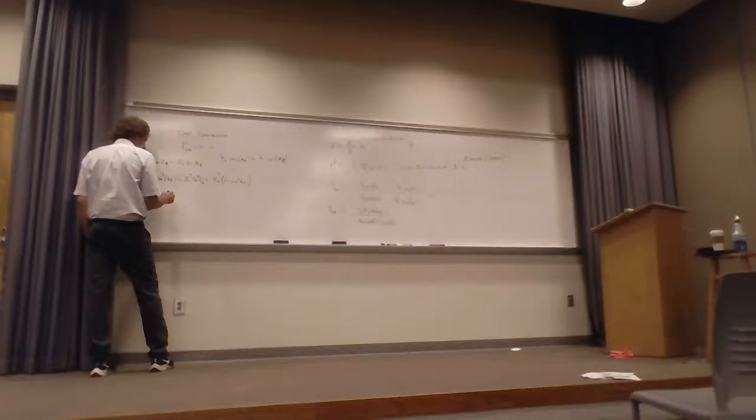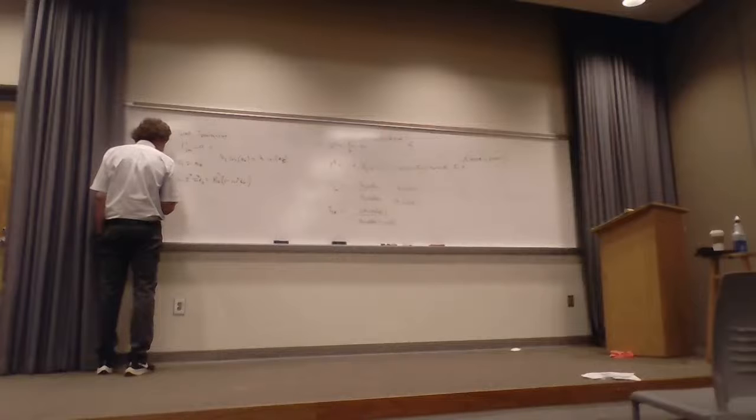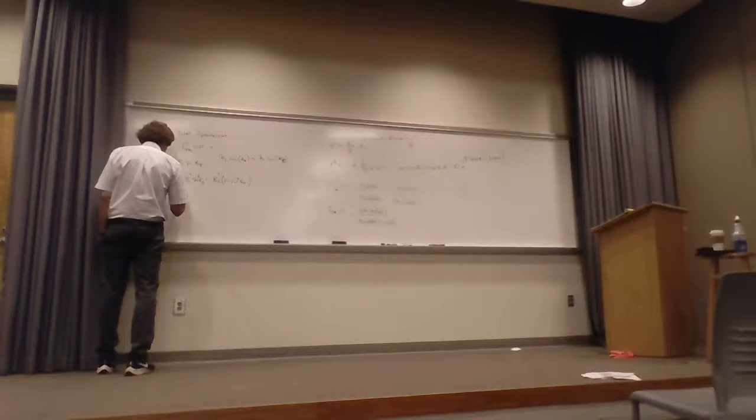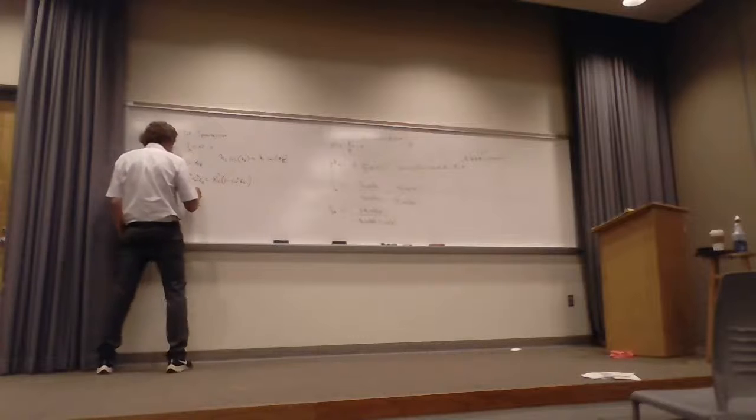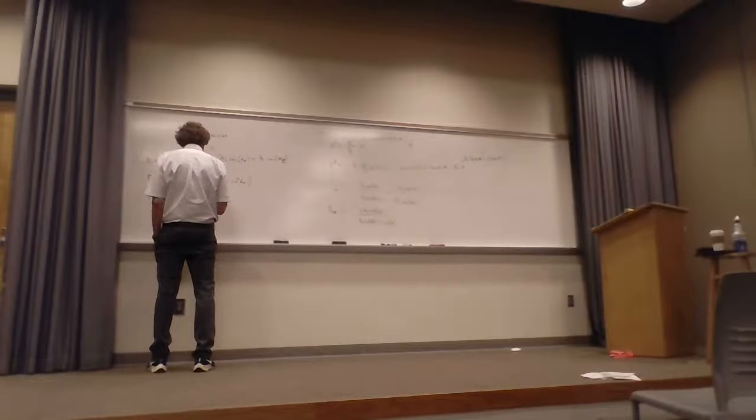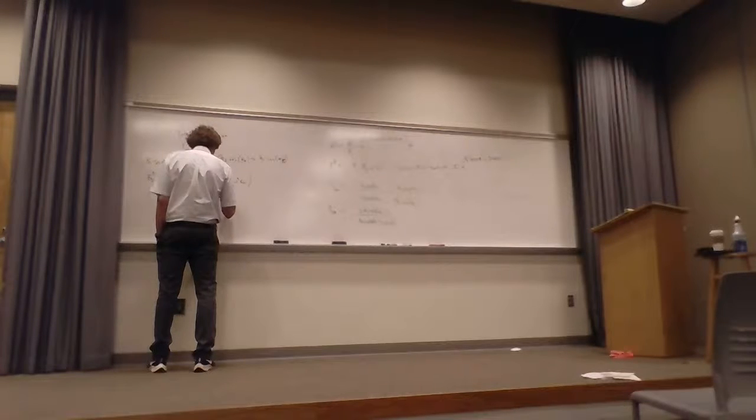So then I have beta 2 squared, minus beta 1 squared times the sine squared of theta Brewster's is equal to beta 2 squared cosine squared of theta transmitted.